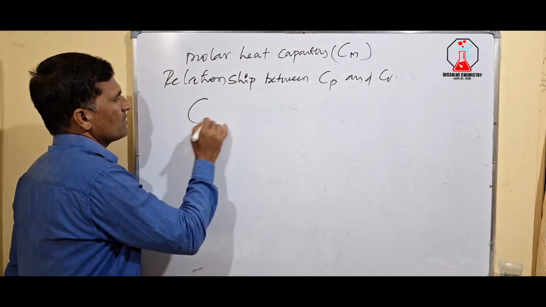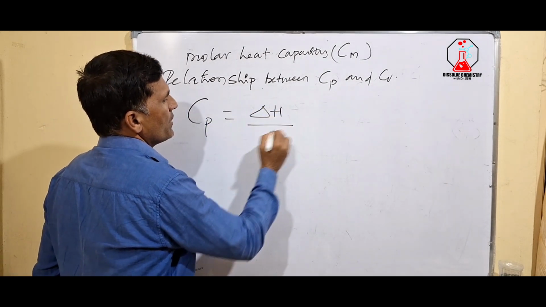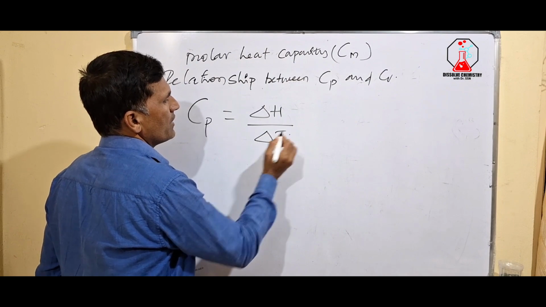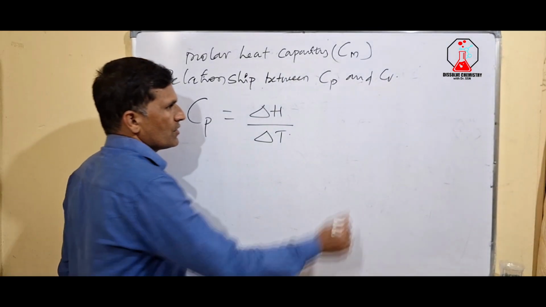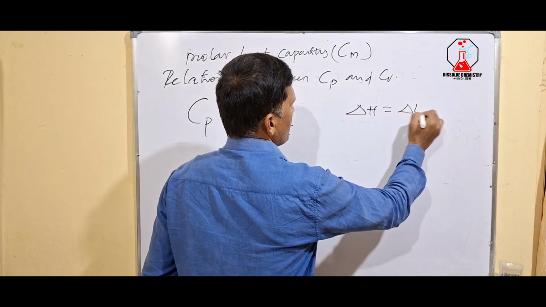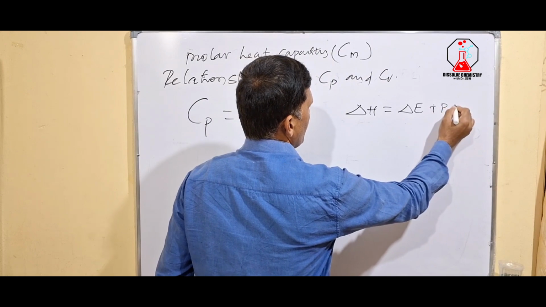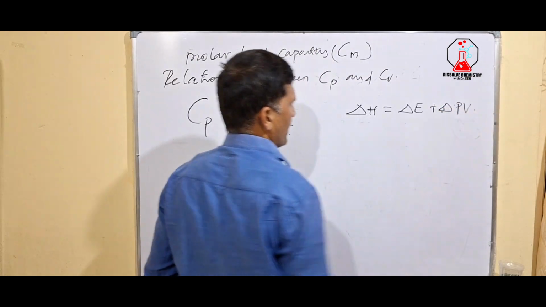So let us define Cp. Cp is equal to change in enthalpy with change in temperature. We know that change in enthalpy is given by delta E plus P delta V, or delta PV we will write.